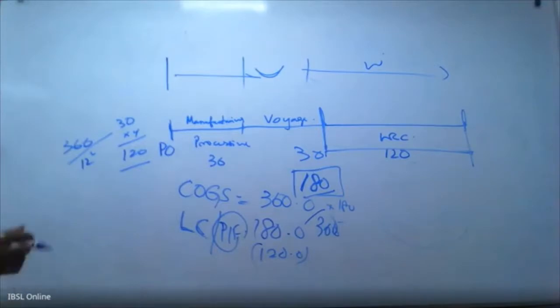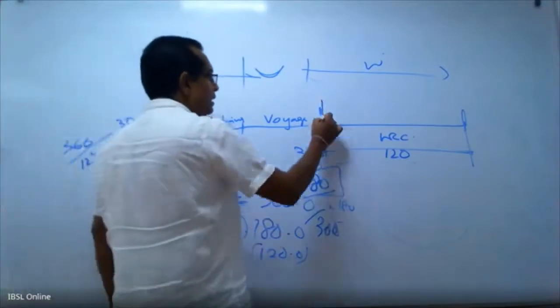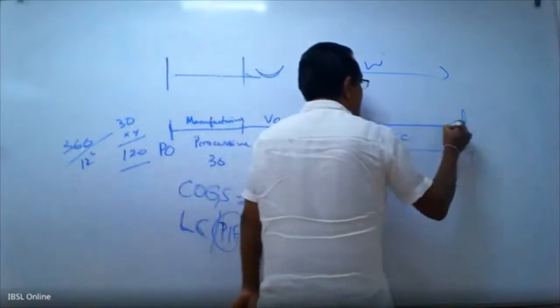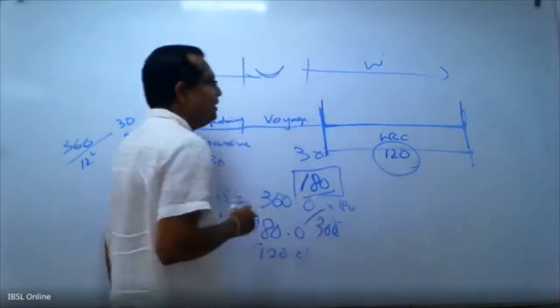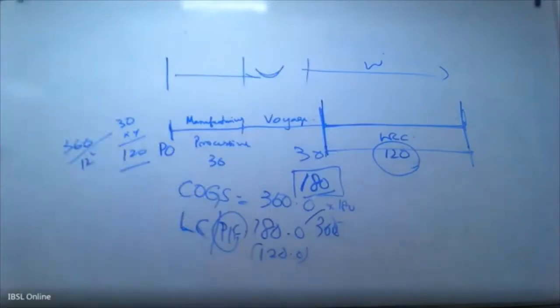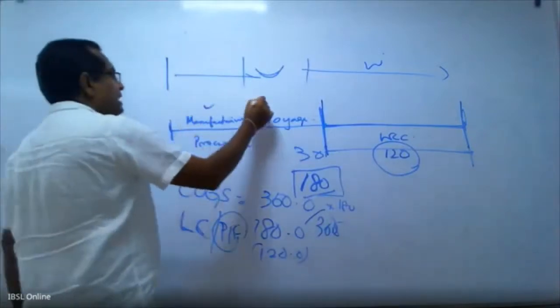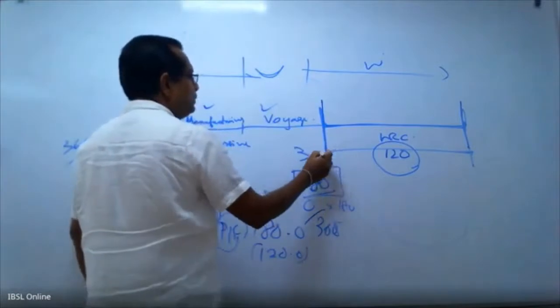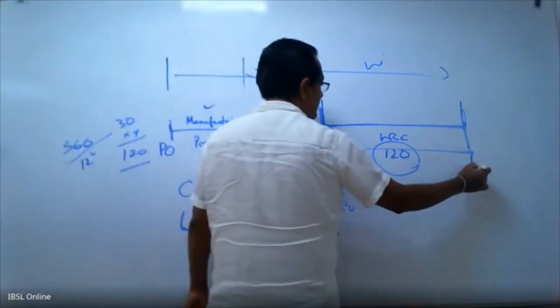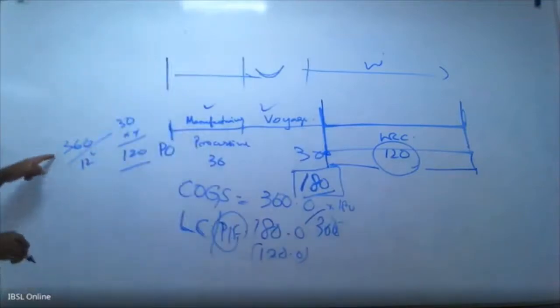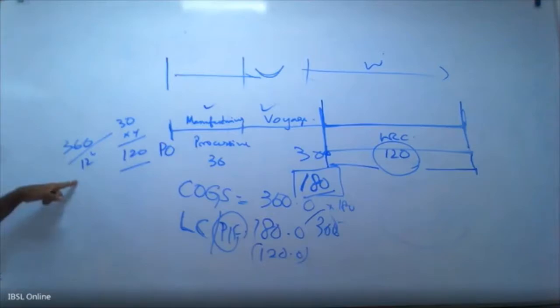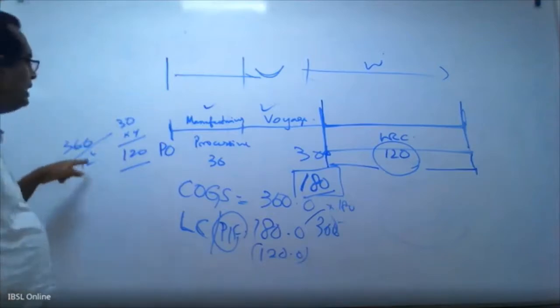Similarly, for PIF, you will work out the requirement based on the number of days of the working capital. We don't need money here. We need to use money only between these two lines. So 360 divided by 12 is per month, and 120 is 4 months.